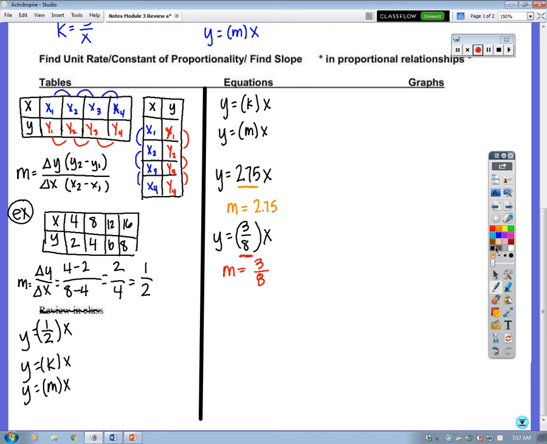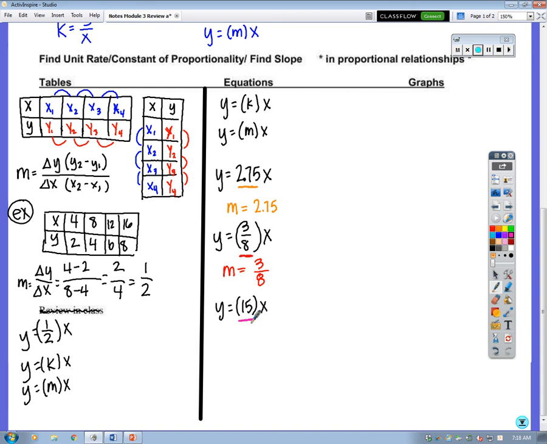And I'm going to do one more example here. If I've got the equation y equals 15x, and there may or may not be parentheses. This example here does not have parentheses. This example does. This example does not. It does not matter. That number in the middle will be your constant of proportionality, or your slope, or your unit rate, depending on what it's asking for.